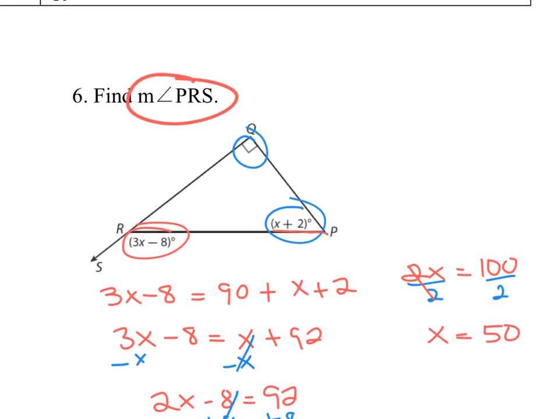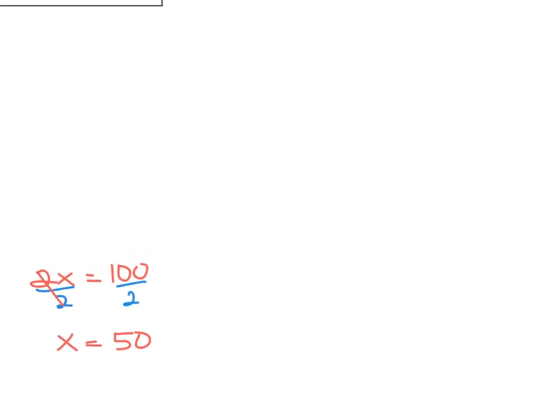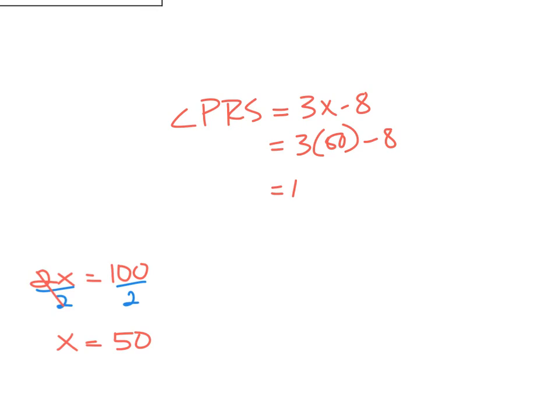So angle PRS is my exterior angle, the one that occupies that space. So 3x minus 8. So angle PRS equals 3x minus 8, which is 3 times 50 minus 8, which is 150 minus 8, which is 142 degrees.